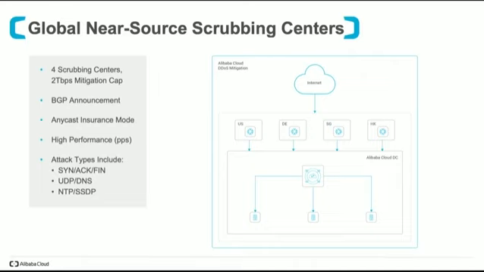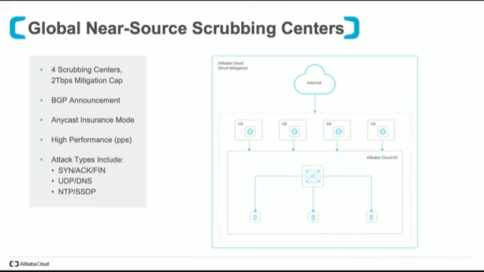We have 2 terabytes of mitigation capacity. They're all linked up using BGP. Also, Anycast is in place to help redirect the traffic to have the best performance. And then we can deal with all sorts of attack types like SYN, ACK, FIN, UDP, DNS, NTP, SSDP.